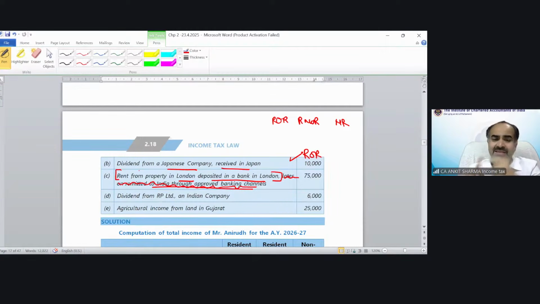Where does it arise? London. Where received? London. That's it. The extra line is irrelevant for us. So on the basis of this given information, 75,000 is going to be taxed in which hands? Only ROR. Absolutely correct.